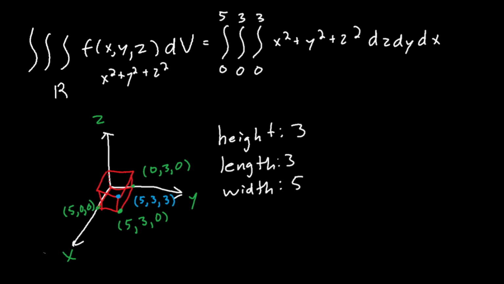But let's just cover this real quick. If this rectangular prism stretched into, let's say, the negative y axis, it's a very bad drawing, but say it stretched to y equals negative 1, then your bounds for y would simply be negative 1 to 3.